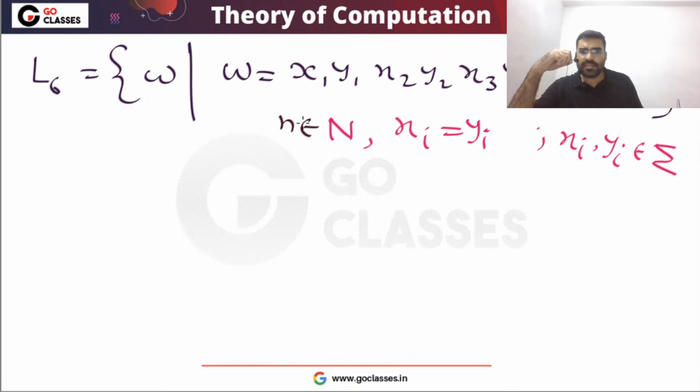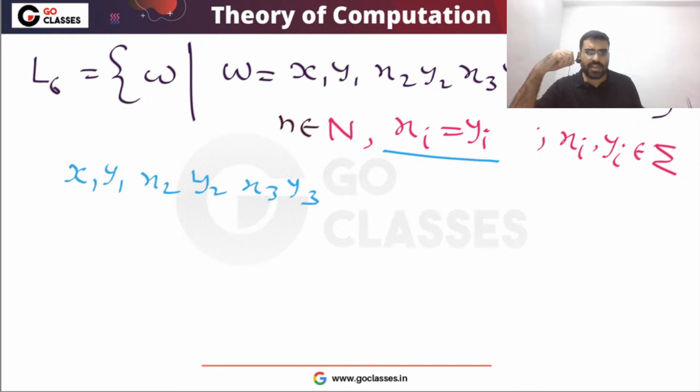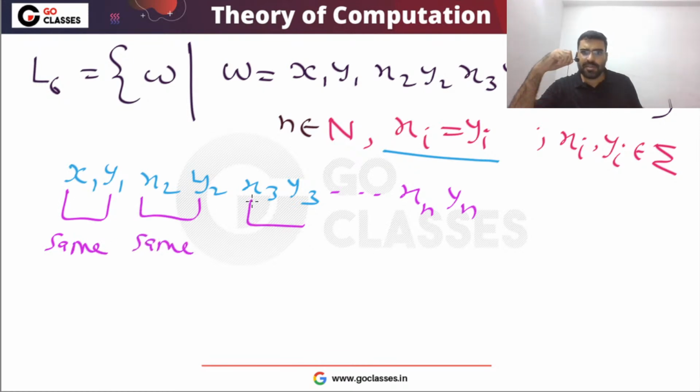So xi equal to yi means x1 is equal to y1, x2 is equal to y2. It is like x1 y1, x2 y2, x3 y3, such that these two symbols must be same, and so on.